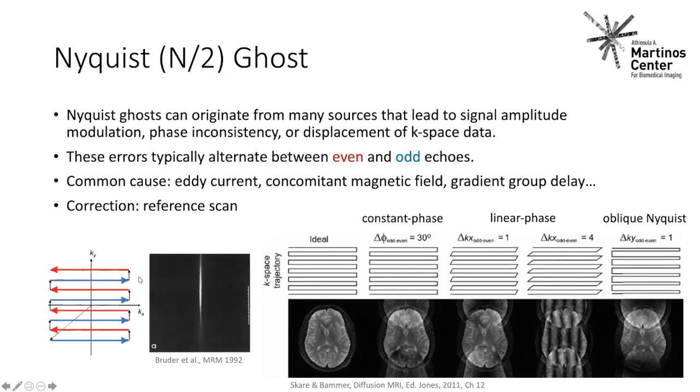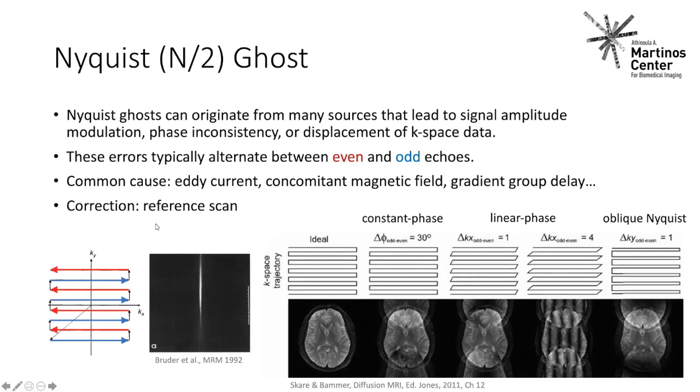And usually they have a mismatch between these odd lines and even lines in k-space. It can either have a constant phase difference or they can shift in k-space. So here shows the original data without correction, and we can see the zigzag pattern in this central k-space echo, which means the odd and even lines actually have a shift in k-space.